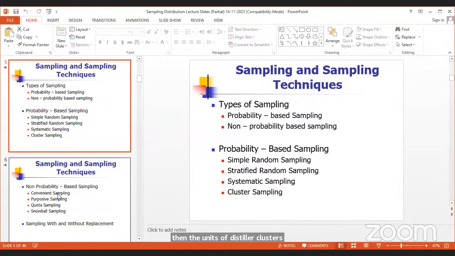This is mostly used in medical research, where areas are grouped together to form clusters. Because we all know that resources are always limited. So if you are conducting studies and you don't have enough resources, you will do your distribution in such a way that you touch as many areas as possible.